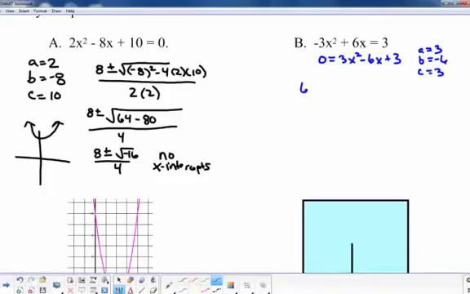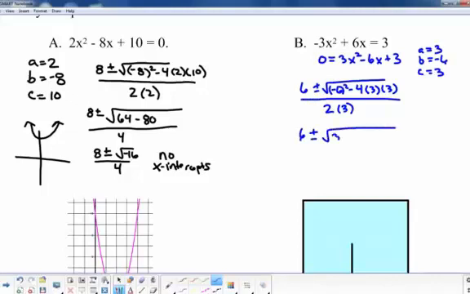So negative b plus or minus square root b squared minus 4ac, divided by 2a. So 6 plus or minus square root of 36 minus 3 times 3 is 9, and 9 times 4 is 36.